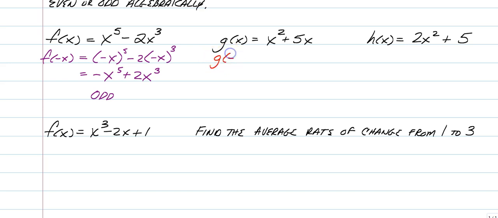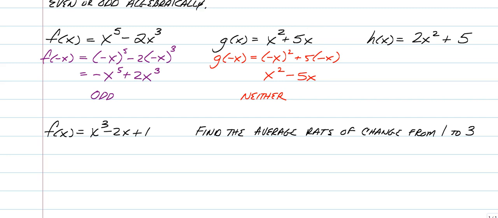Okay, so for this one, you have g of negative x. So we had a negative x squared plus 5 times a negative x. That gives us x squared minus 5x. This is neither, because the x squared stayed positive, but the 5x switched. In order for it to be odd, every term needs to switch.